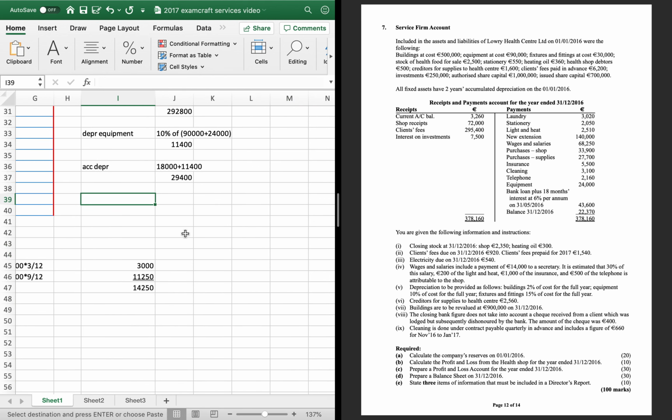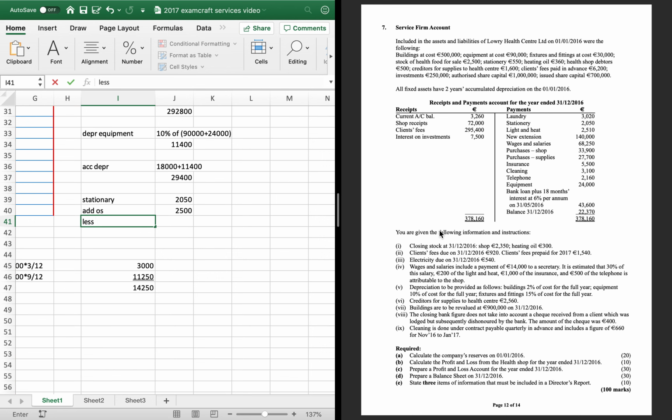So we've got our stationery. Always start from your figure in the question, 2050. Add your opening stock of 25 and take your closing stock at the end of the year. Is there any stationery closing stock?